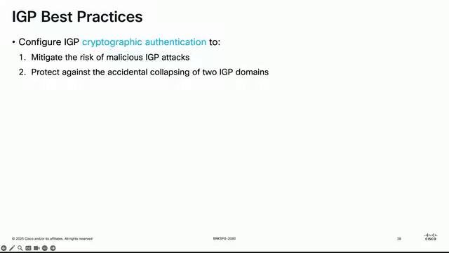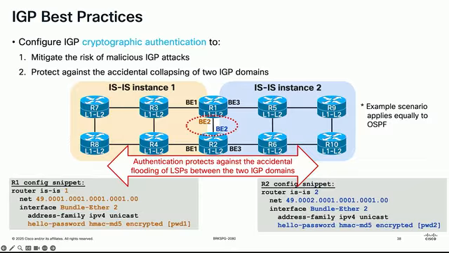What happens here is, as you see in the illustration, there are two independent IGP domains. They are connected by two border routers, R1 and R2, and those two border routers are running two instances of ISIS. This scenario applies equally to both ISIS and OSPF.